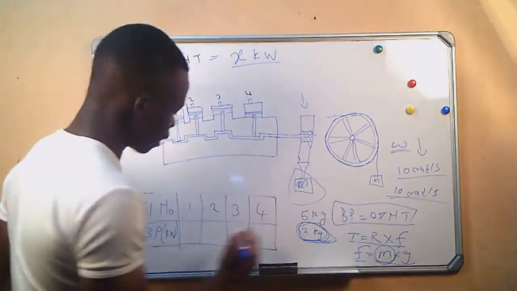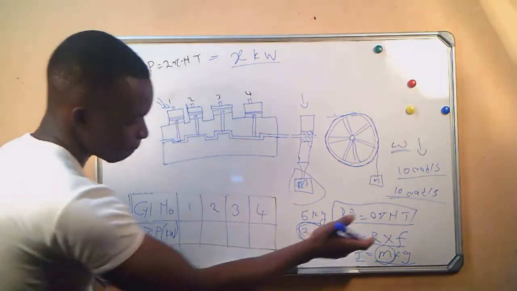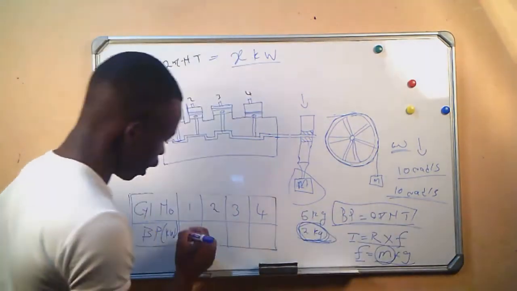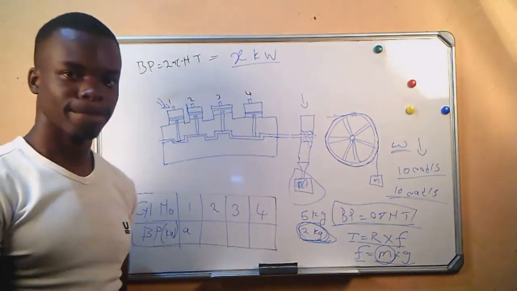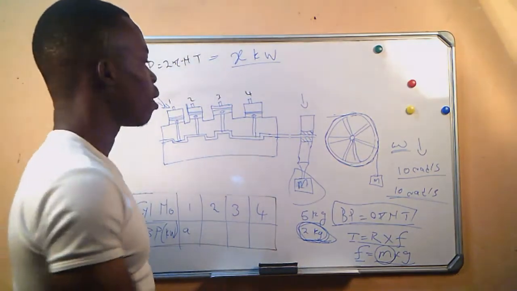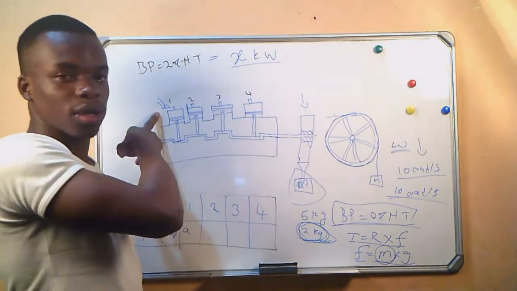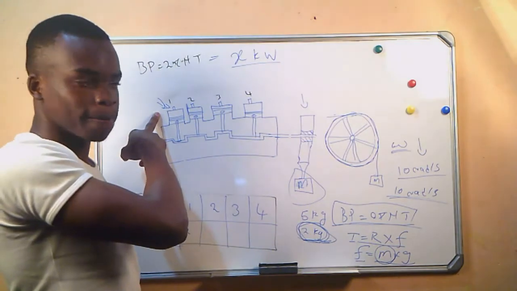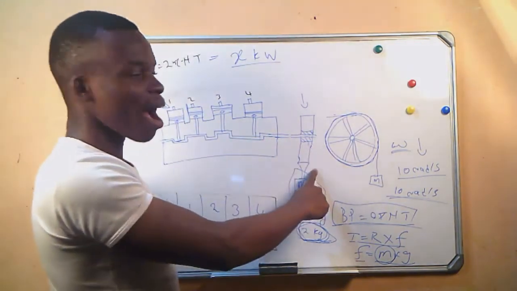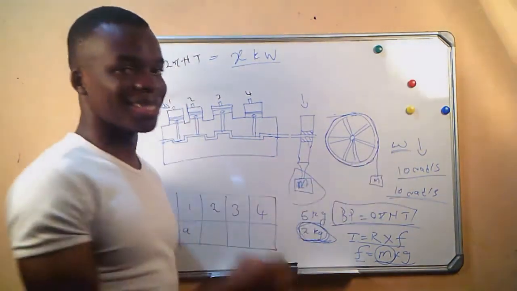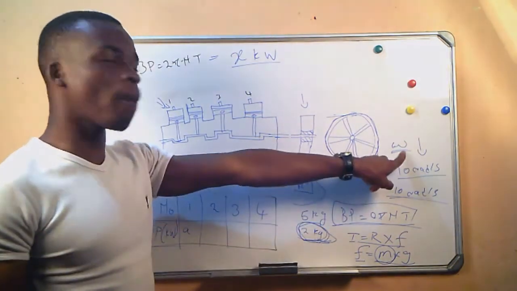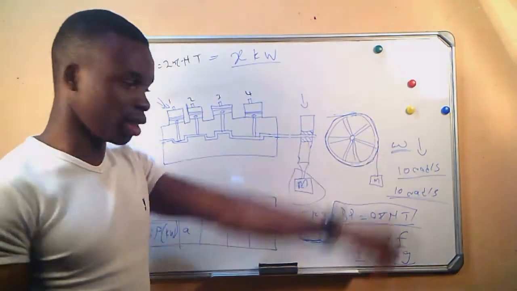We take this, let's say we got that our brake power is now A. We put it here. Remember, we shut down cylinder number 1. The brake power and the angular velocity decrease. We want to go back to the original angular velocity.